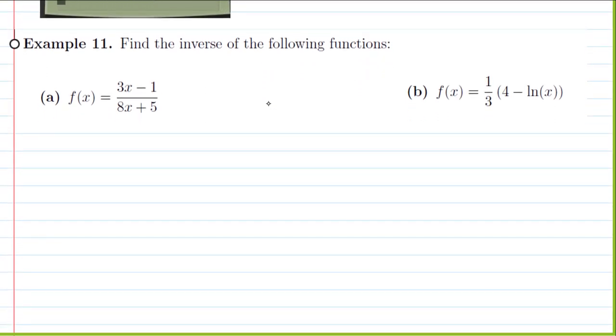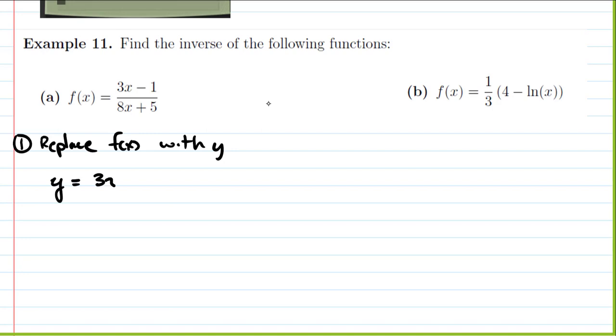So there's really 4 steps for finding the inverse of a function. So the first thing we do is we replace f of x with y. And that gives us y equals 3x minus 1 all over 8x plus 5.